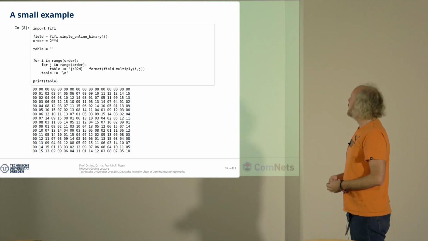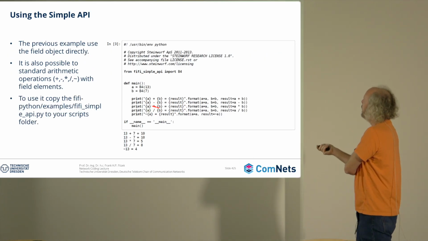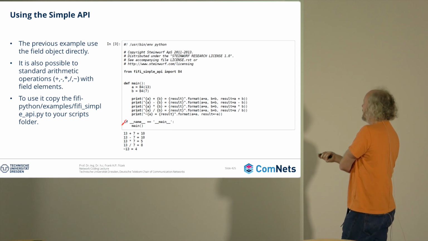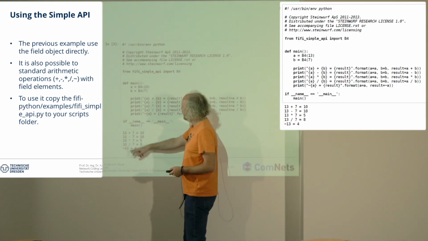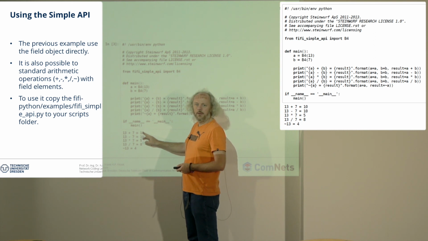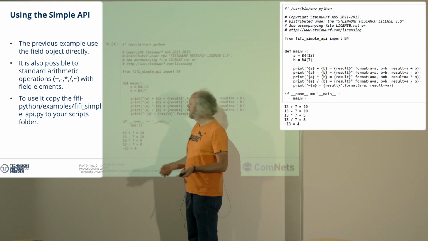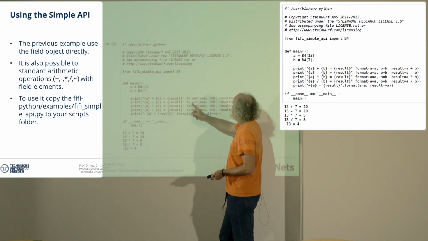It's really nice to play around with it. I think you can easily also try out any type of equations. For example, 13 plus 7 equals 10. This is not true in the normal algebra that we are using, but where do you get it from?